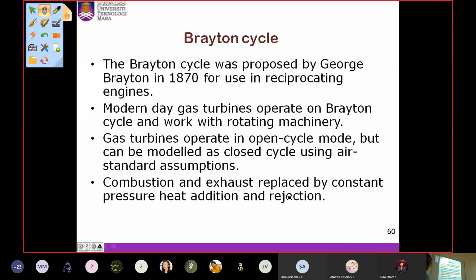Each and every one will be individually examined tomorrow, in the third and fourth hour, to assess your understanding of thermodynamics.